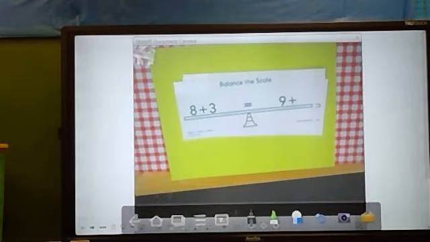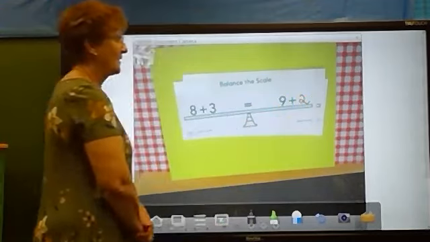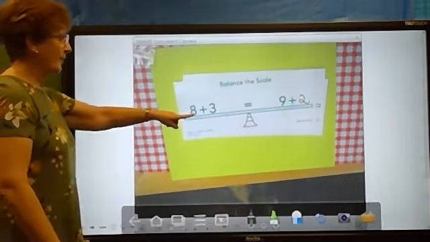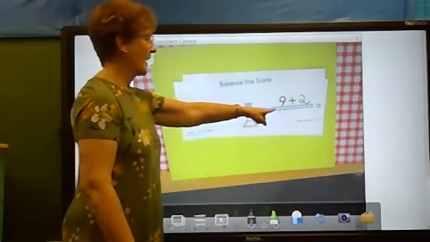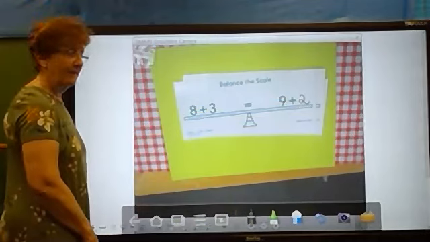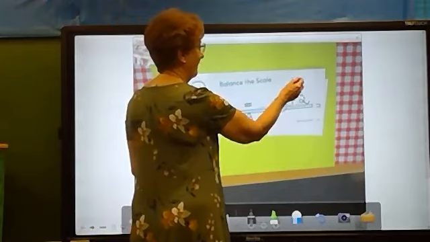All right, did you figure it out? Did you say the missing addend was 2? Because if you did, you were correct. Okay, 8 plus 3 equals 9 plus 2 because both of them have a sum of what? You're right, both of them have a sum of 11.